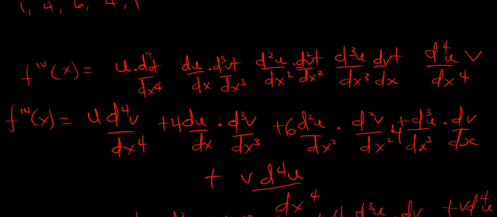Okay, so this is the expansion that you are going to get when you are finding the fourth derivative of x to the power 4 sin x. So you need all these derivatives, you just combine them, and when you are done multiplying and doing everything, the final answer is going to be in this form.